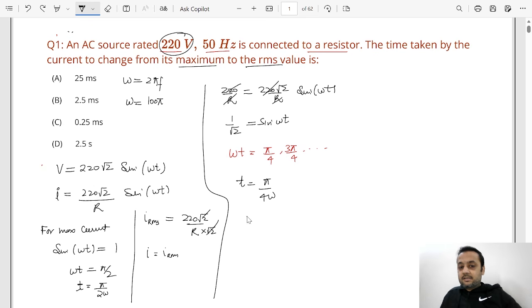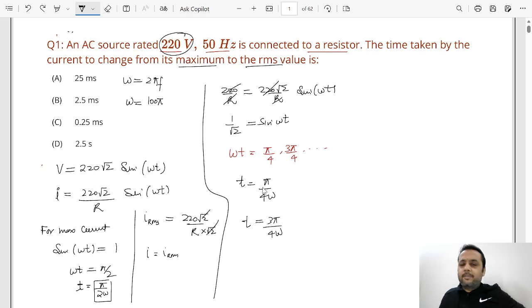But if I choose this, then the time is 3 pi by 4 omega. I will choose this, because the question is saying current should go from maximum to RMS. That means the maximum has happened before and then this will happen. So I'm doing the question properly. Although if you choose the other one, it doesn't make any sense.